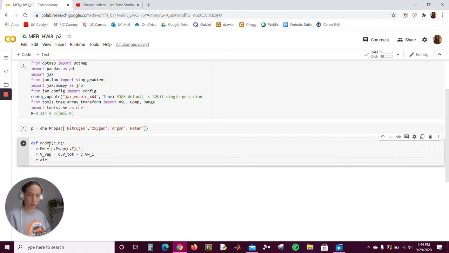So now we're going to do the moles of air, which again is an equation that we solved for in part 1.